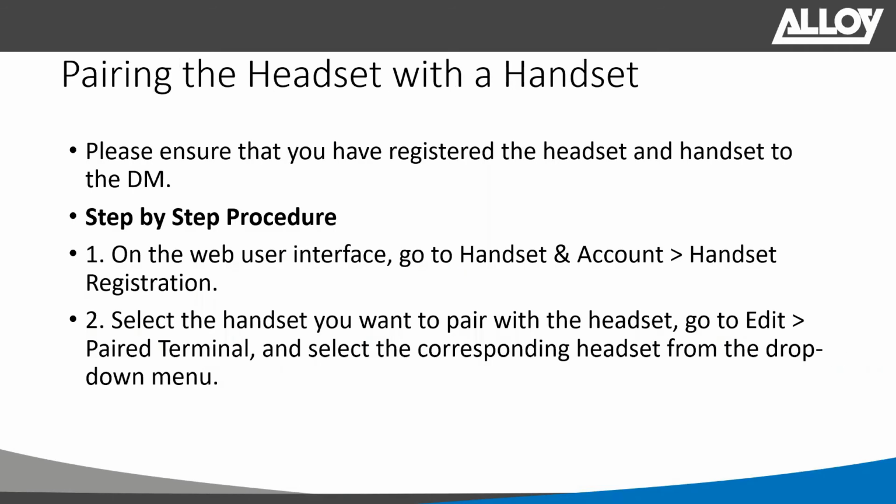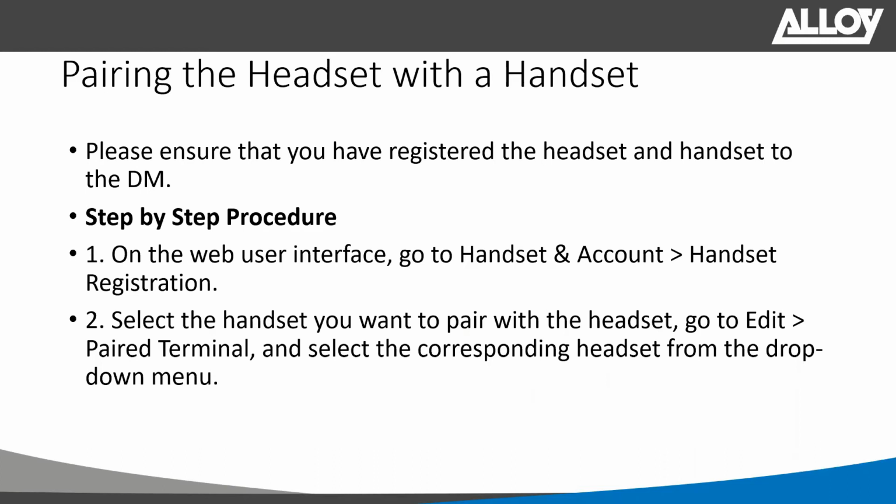Now, the next option you have is you can actually pair it. This is almost similar to what you already can do, slightly different. You can pair the headset with a handset. This will allow the headset the ability to make an outbound call to the last number that was dialed, or basically the last number that called it.